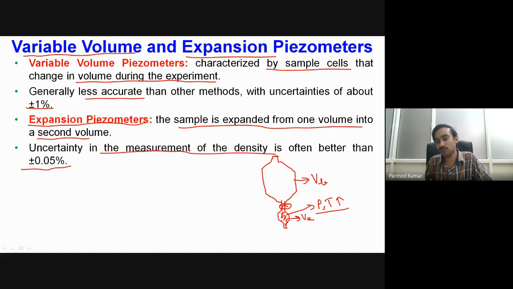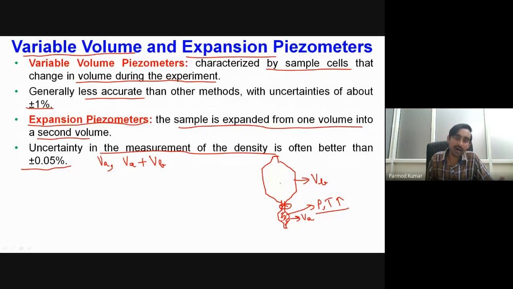While we open this wall, the sample will expand, and it will occupy the entire volume VB also. Initially we had only volume VA, and finally, once we have opened the wall, both these chambers are interconnected. So our final volume will be VA plus VB.